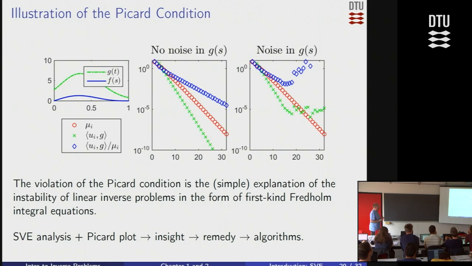It gives us a lot of insight into what is going on here, how fast the singular values decay, where the noise sets in, and gives us an idea what to do: get rid of some of the noise coefficients, and from there we will arrive at computational algorithms we can use to solve the problem. So this is an important thing to remember about the singular value expansion.